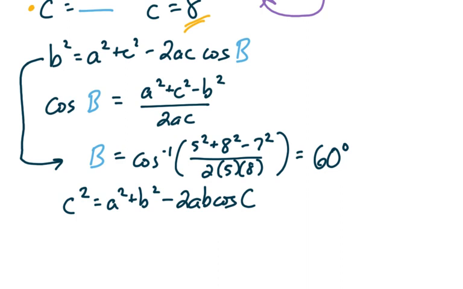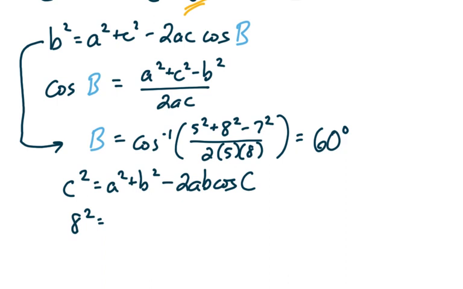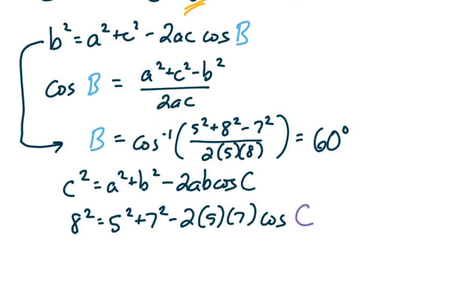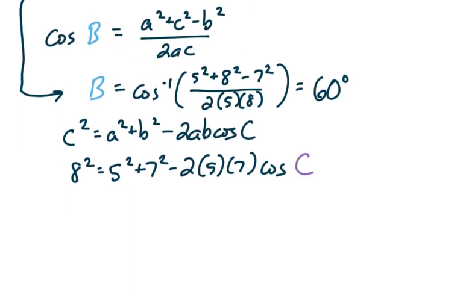Okay, here we go. C is 8, so C squared equals 8 squared plus 5 squared plus 7 squared minus 2 times 5 times 7 times the cosine of angle C. All right, I'm going to move these things over.